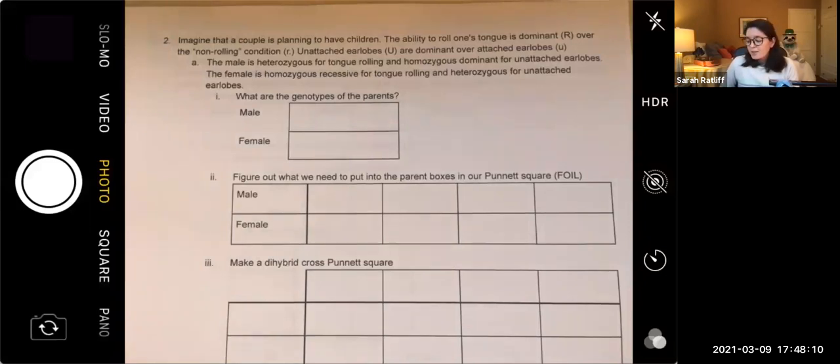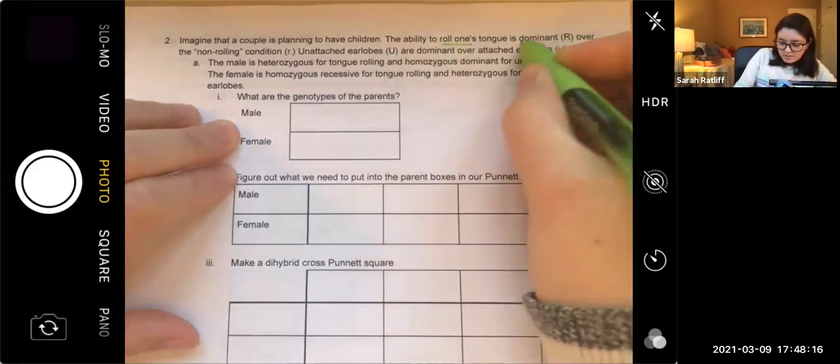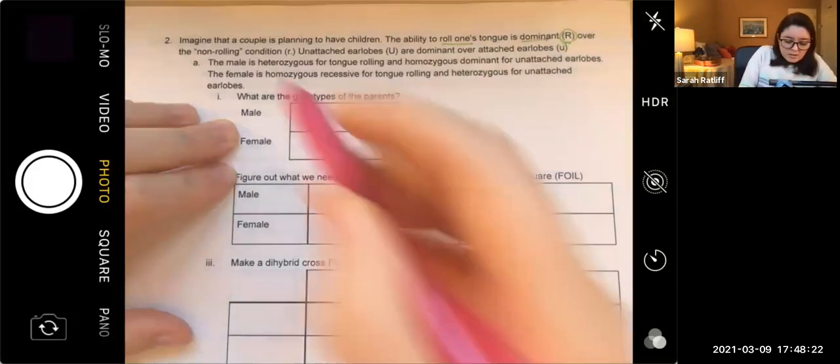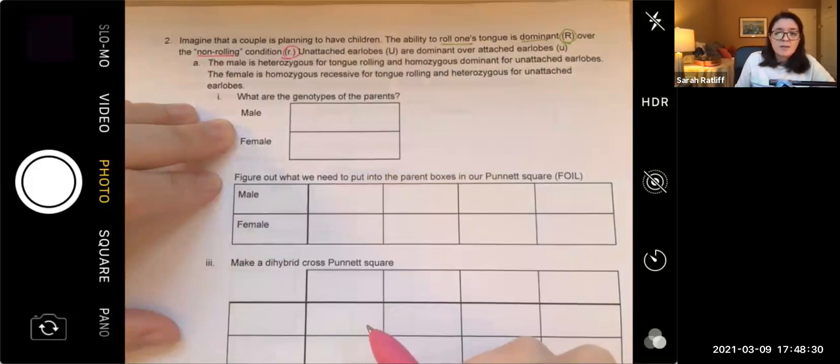Okay, lots of information. Let's break it down. So, rolling the tongue is dominant with a big R. Let's use pink. Non-rolling is a little r because it's recessive. If it's not dominant, it's going to be recessive, and we're talking about classic Mendelian genetics.